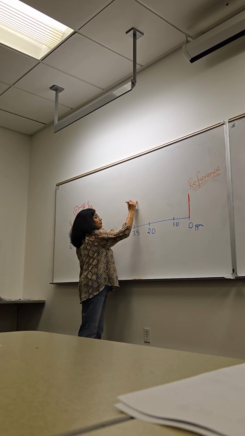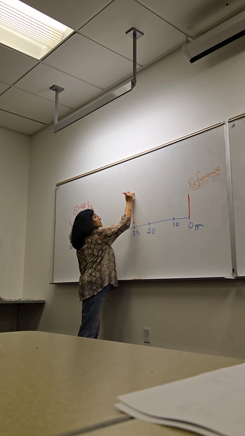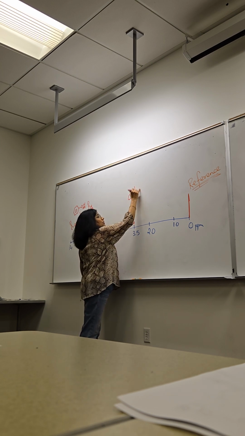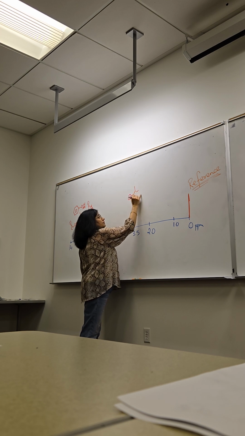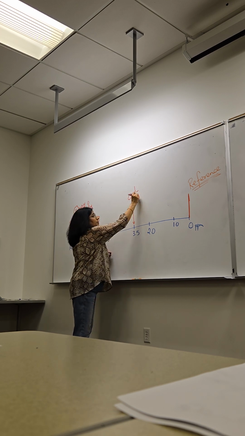3.5 I love because when you have a single bond to O, it shows up.